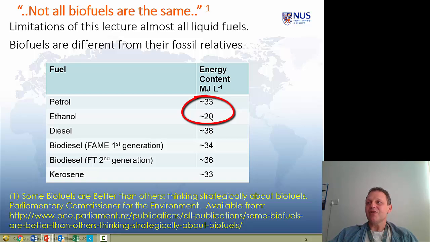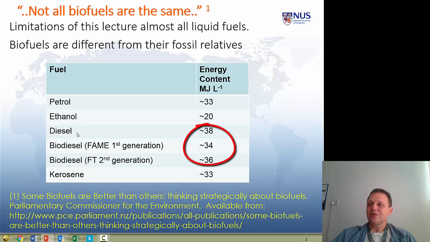So there's a big difference here in the amount of energy that you get out of a litre of fuel. And clearly, our fossil fuels, love them or hate them, are good fuels. They are energy rich. If we look at diesel, which is the other main class of fuel, about 38 megajoules per litre, and you can see the two biodiesel relatives both contain less energy than the fossil diesel, and kerosene's about 33.